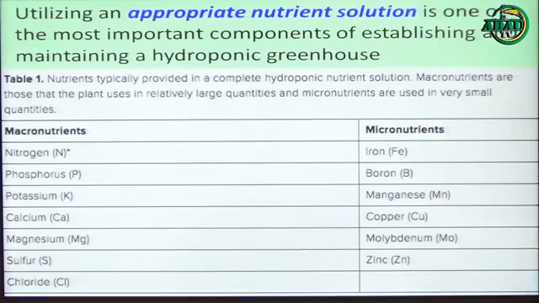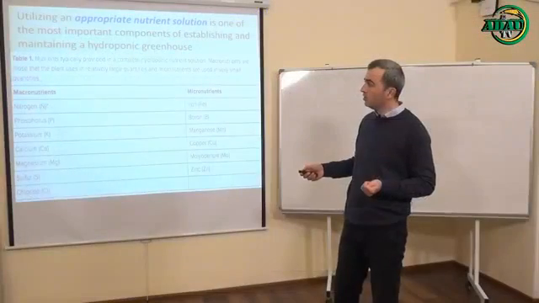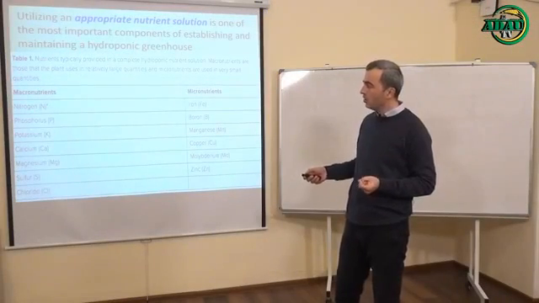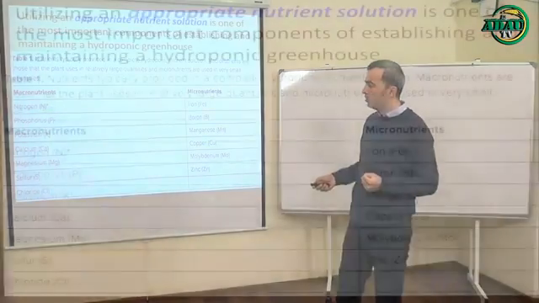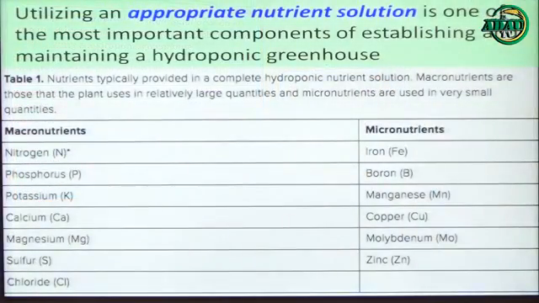Basically, all nutrients are divided into 2 main groups: macronutrients and micronutrients. Amongst macronutrients we should mention nitrogen, phosphorus, potassium, calcium, magnesium, sulfur, chloride.